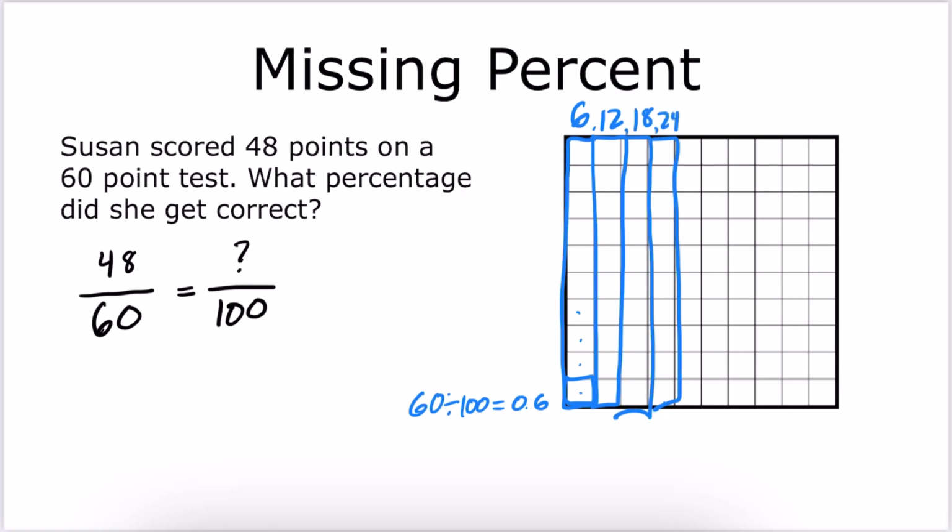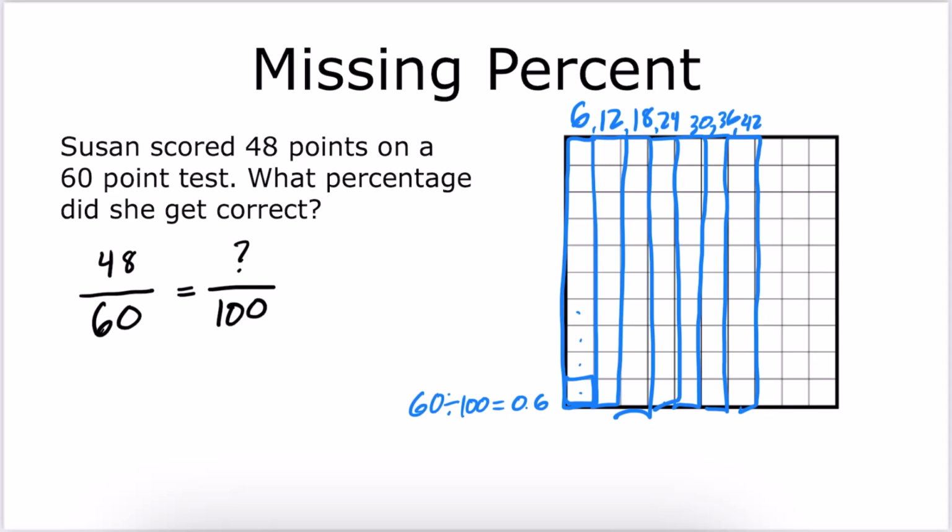Sorry, my numbers are kind of getting close together. And then if we add on another 10 of those squares, that would give us 30. And then you'd get 36 and 42. And we're getting kind of close to 48.